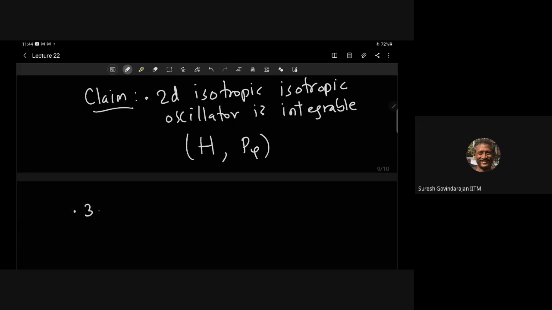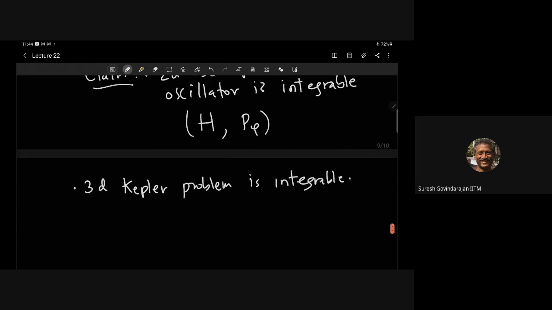Same thing as the 3D Kepler problem is integrable. So how many constants of motion do we have to give? 3. So what will be the 3?